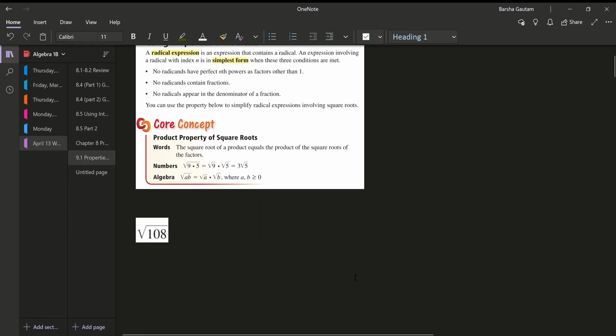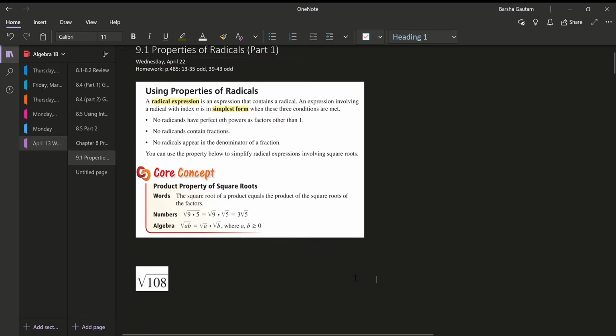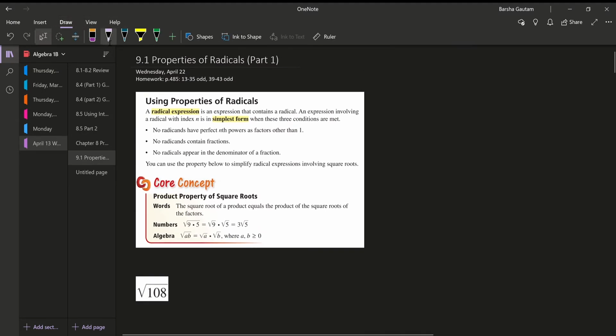Okay, let's try this problem out. So we have root 108. This one's a little bit tough. What I like to do with this is first start off with the smallest number.